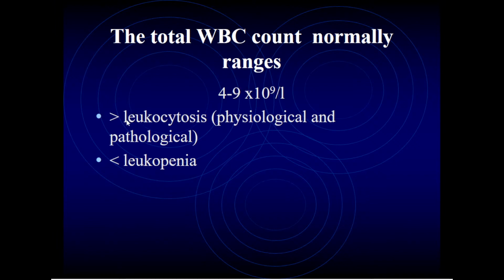When the white blood cell count increases above this range, above 9, it is called leukocytosis. When it reduces below that range, it is called leukopenia.